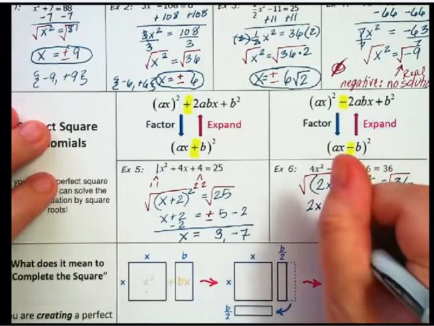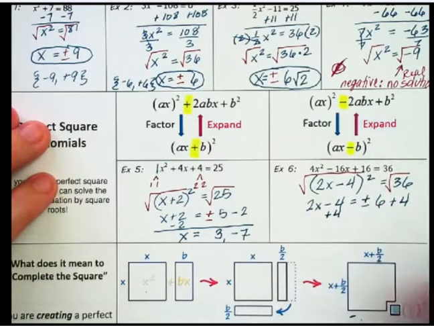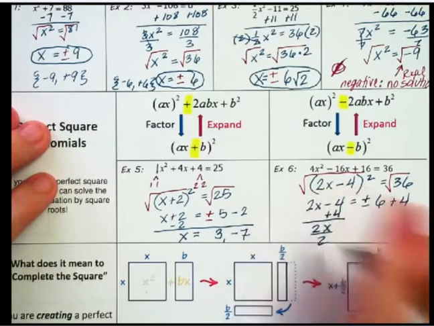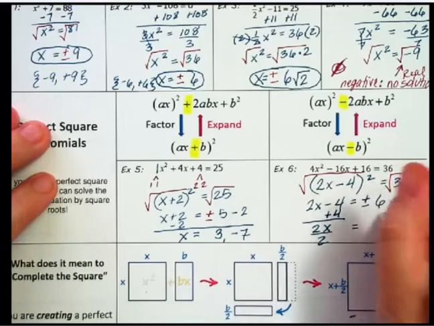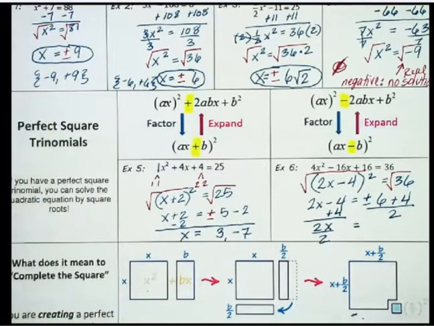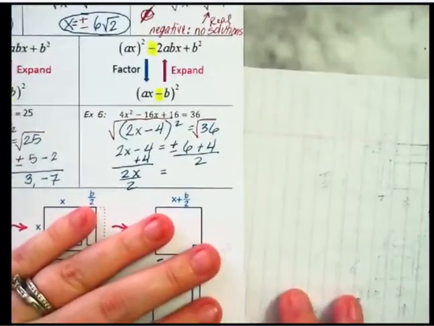So I am going to add 4 to both sides. Add 4. And then I will have to divide by 2. So divide everything by 2. Let me use a little sheet of scratch paper really quick, right out to the side here, to show you how I get my two different solutions, okay?